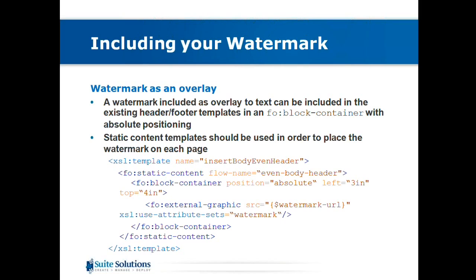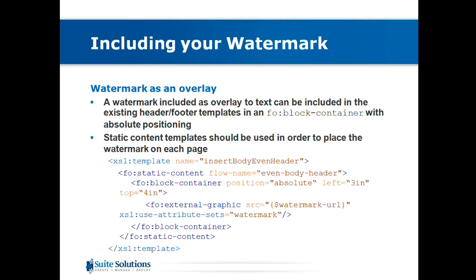And in this template, we're defining FO static content. The flow name equals even body header. That's the default flow name that's already defined. And we're putting in an FO block container. Position equals absolute. What's the left? Let's say it's 3 inches from the left, 4 inches from the top. Here's the graphic that we're putting in. We're giving it the URL to the watermark image as the source for the graphic.